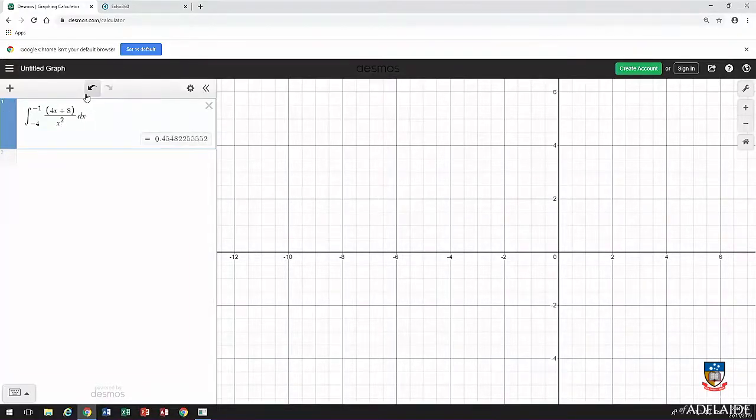That's the integral. Okay. And so if I do it from minus 4 to minus 2, I get that. And then I need to do it from minus 2 to minus 1. So that's the answer we got before.